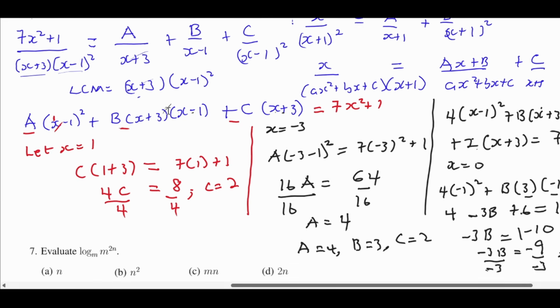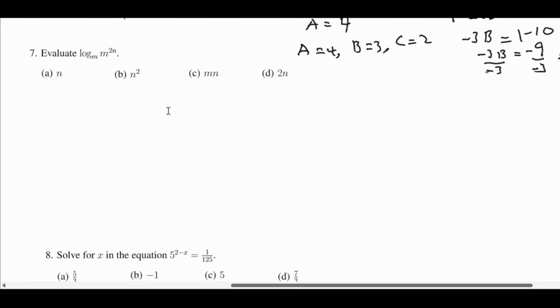All right. Now let's move on to question 7. Question 7 says evaluate log to the base m of m raised to the power 2n. From the rules of logarithm, we know that if we have an exponent, we can drop it.